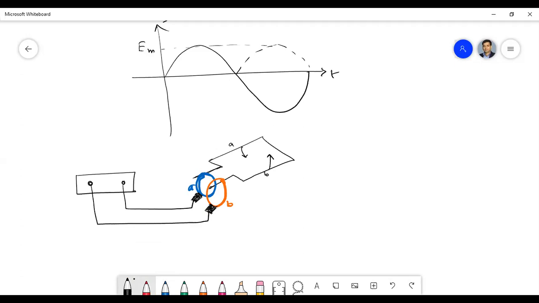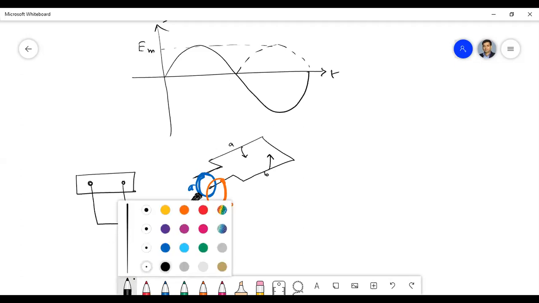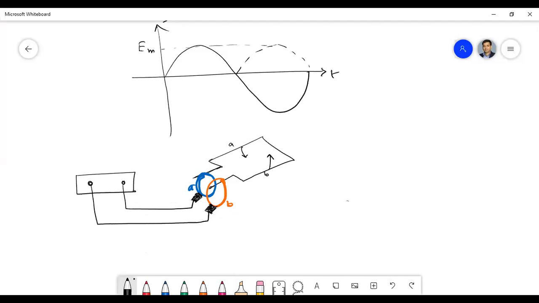Now suppose I have two sides of coil, small a and small b. This small a coil side I am connecting with the small a ring, and the small b coil side with the small b ring.